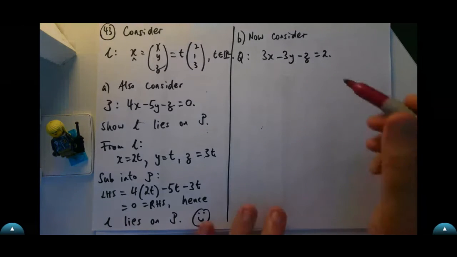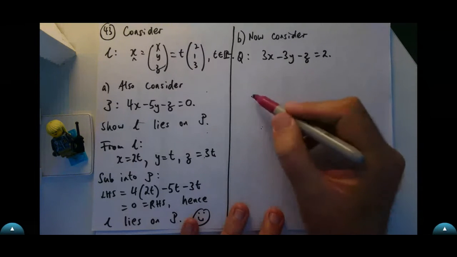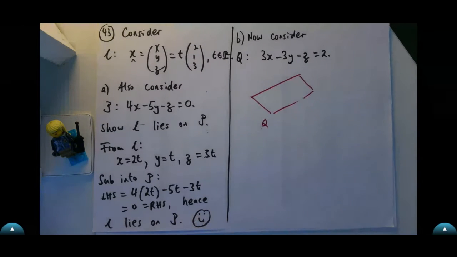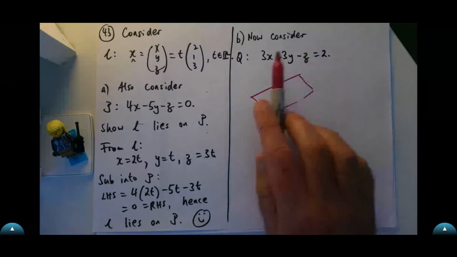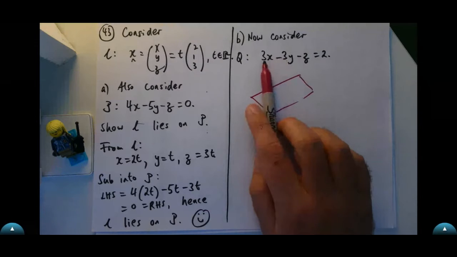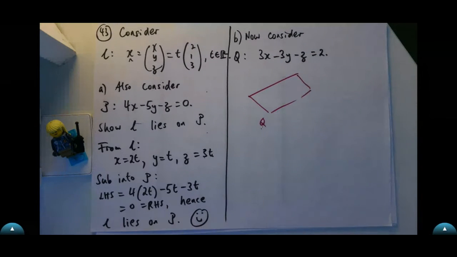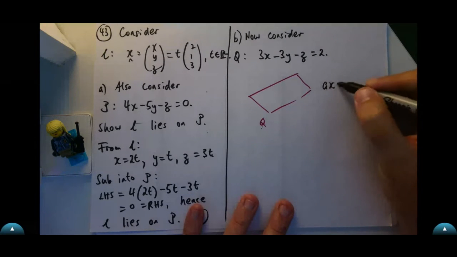Okay, so if I have a plane and I take the coefficients of x, y, and z, that gives me a normal vector to the plane.